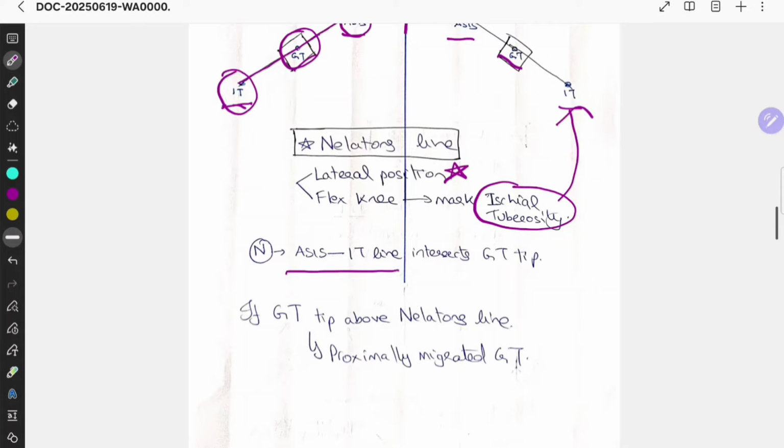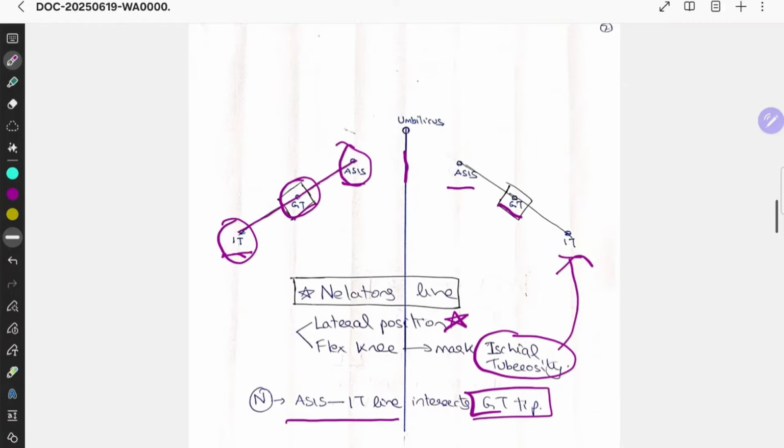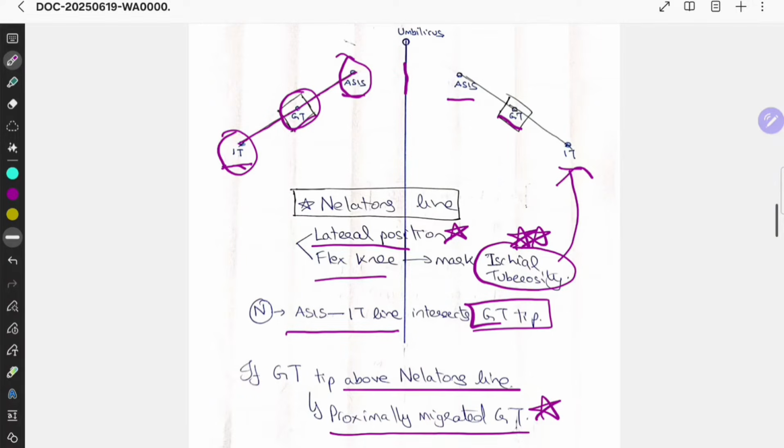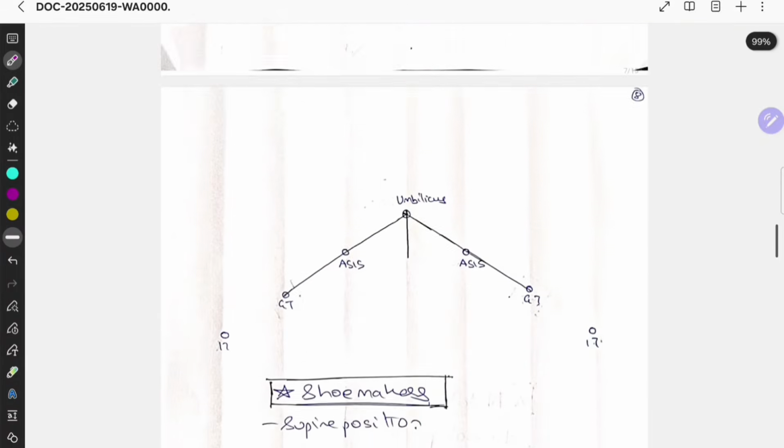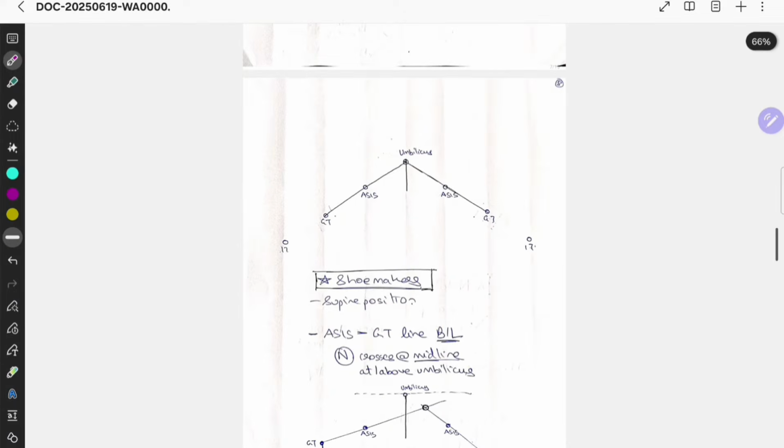Normally the ASIS ischial tuberosity line intersects the GT tip, but if the GT tip lies above the Nelaton's line, what does that indicate? Indicates that there is some proximal migration of greater trochanter. I repeat, how do you take the Nelaton's line? Remember the position, you take it in lateral position. You flex the knee because you have to mark the proper ischial tuberosity. So the ASIS IT line normally intersects the GT tip. If the GT tip lies above the Nelaton's line, what does that indicate? Indicates a proximally migrated greater trochanter.